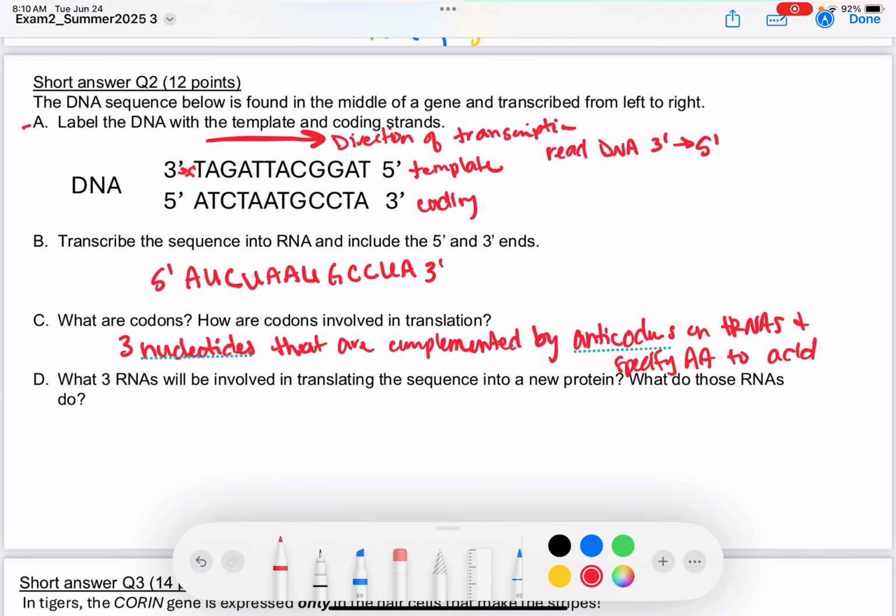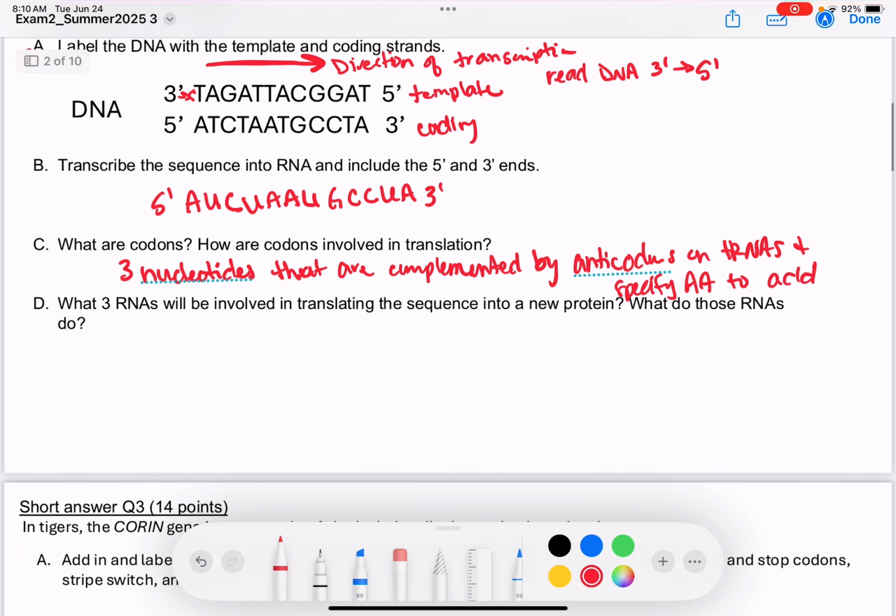I accepted a few different answers here. The main thing here was that it specified the amino acid to add to the growing polypeptide chain.